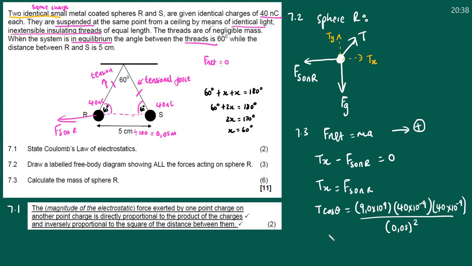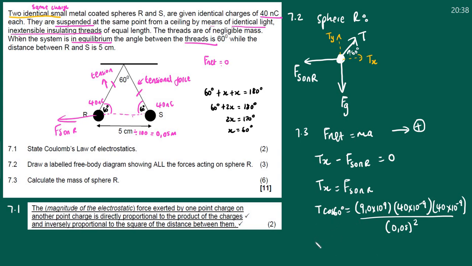In that way, you're going to be able to get the tension, which is going to assist you somewhere, trust me. So now this cos theta there, what is the angle? That is the one that is going to be 60 degrees, because the angle in between there for Tx is 60 degrees.